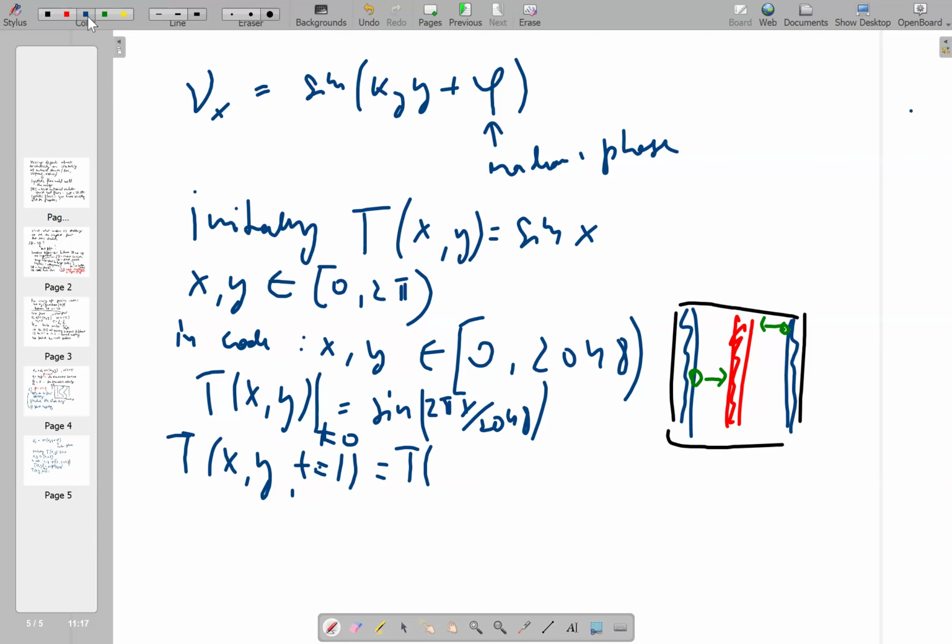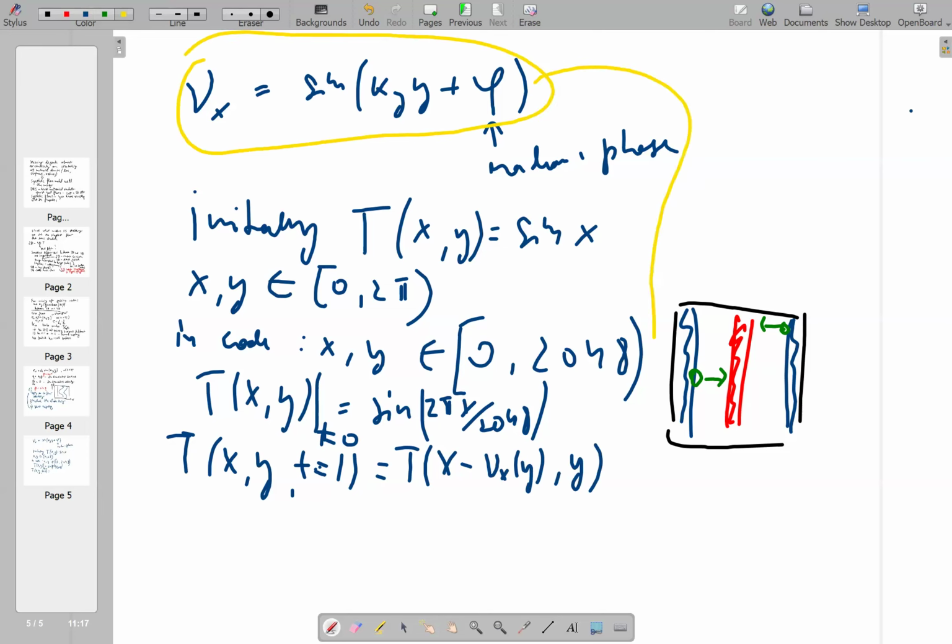So it is x minus that shift, a function of y, but y remains the same, because our displacement was only along the x direction. So this thing here goes into this thing here.